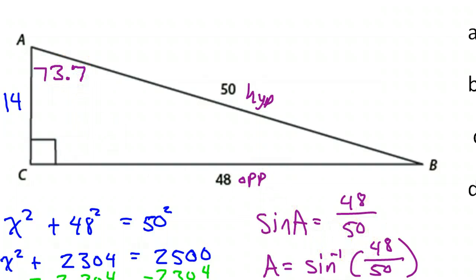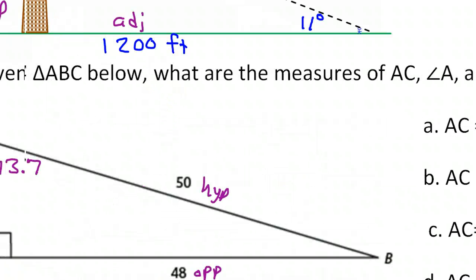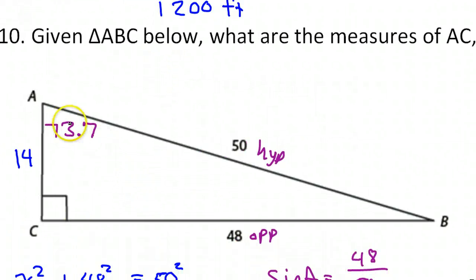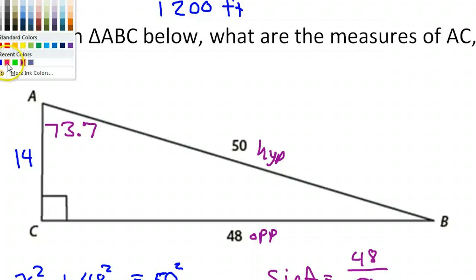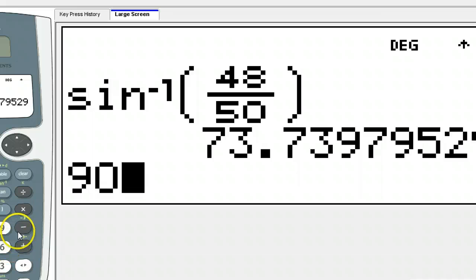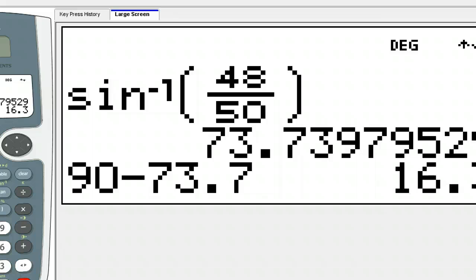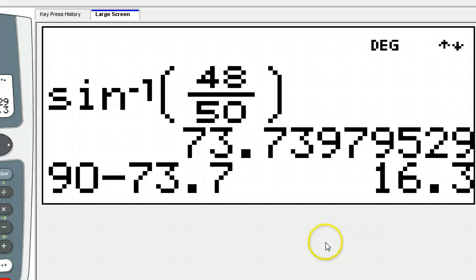Now, I also need to find angle B. If I want to find angle B, and I already have angle A, the thing to do is to subtract from 90. So 90 minus 73.7. That'll be angle B. Okay, so that is 16.3.